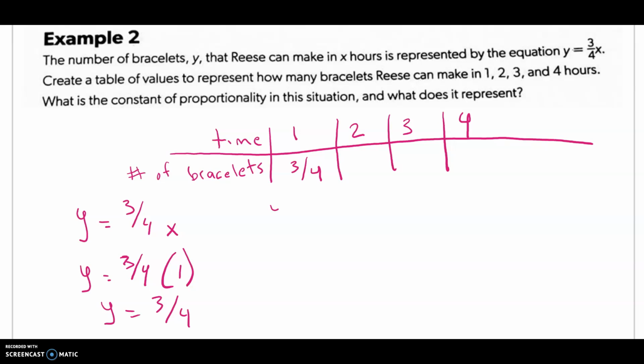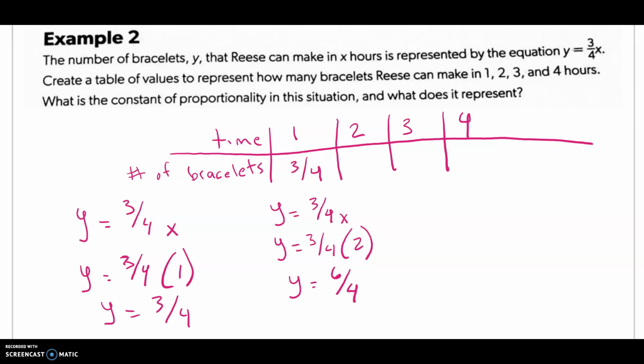Using the same equation, y equals 3/4 x, we need to figure out what the answer will be when x is 2. So we replace the x with the 2. 3/4 times 2 would give us 6/4, because 3 times 2 is 6.